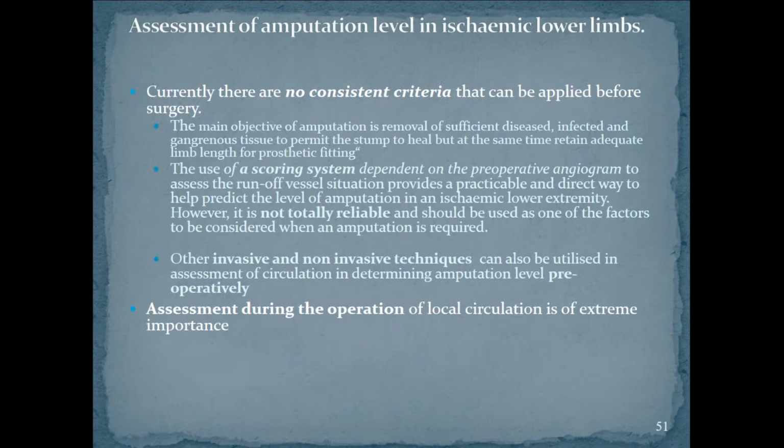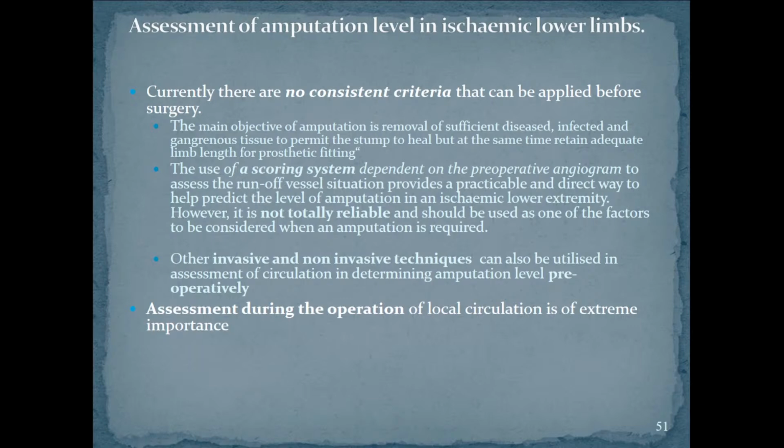Currently there are no consistent criteria that can be applied before surgery. The main objective of amputation is removal of sufficient diseased, infected and gangrenous tissue to permit the stump to heal, but at the same time retain adequate limb length for prosthetic fitting.